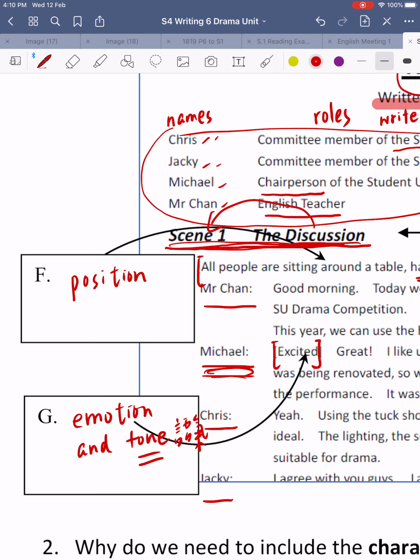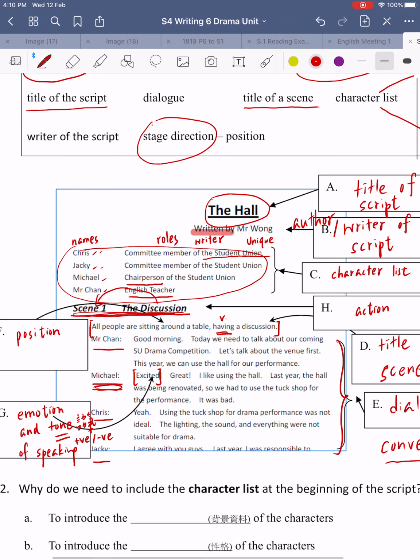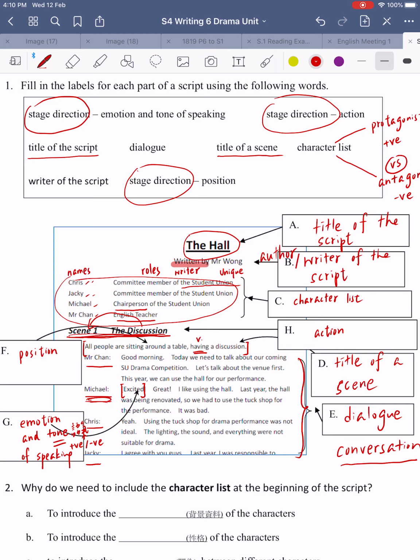This is a tone. And usually tone, we also have positive tone or negative tone. Okay, so this is emotion and tone of speaking. Okay, now we have finished the structure of a drama script.